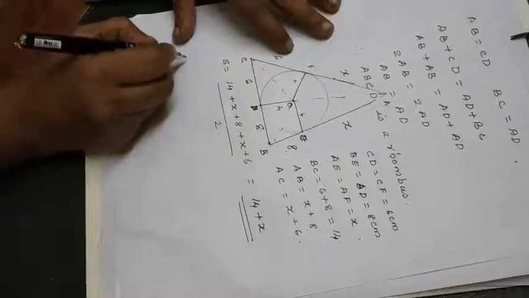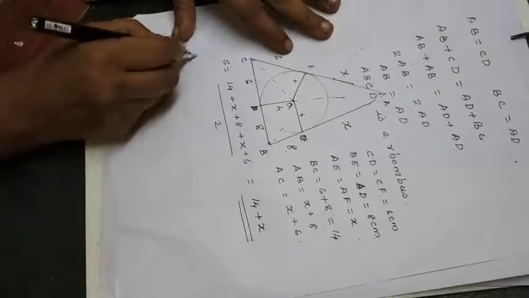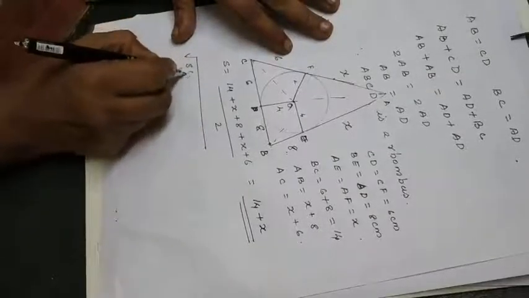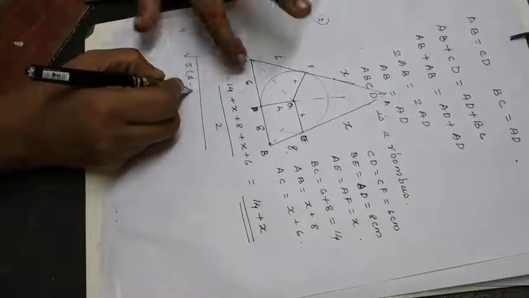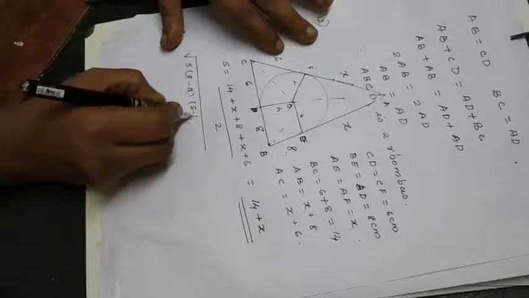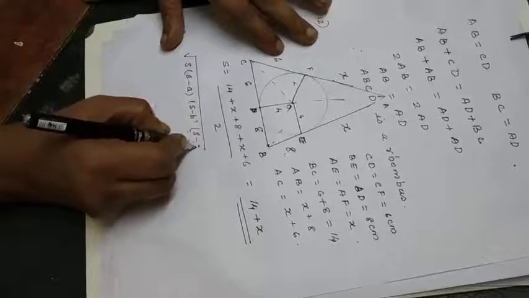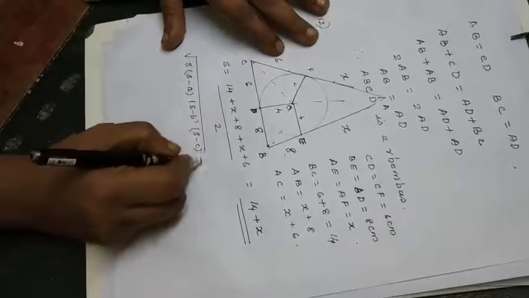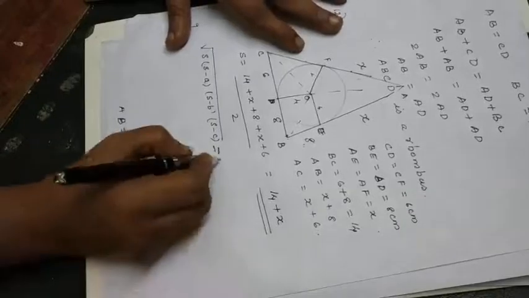How to find out the area? Area is root of S into S minus A, that is first one, and S minus B into S minus C. Okay, last year we have learned that one.